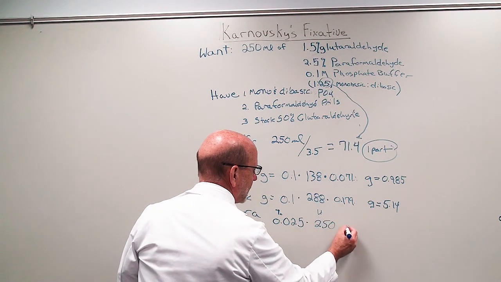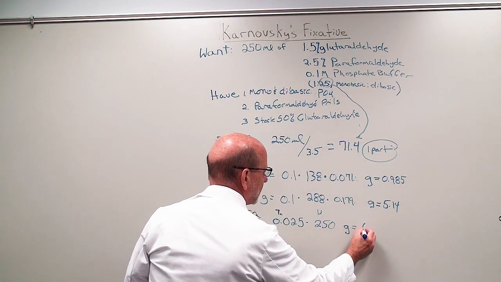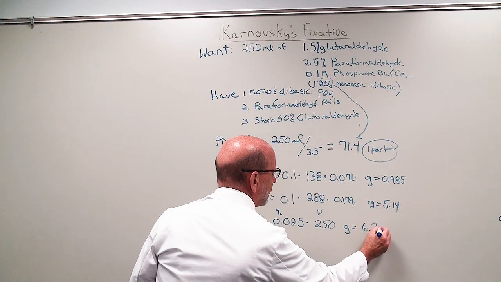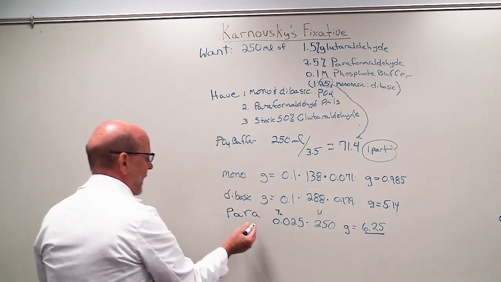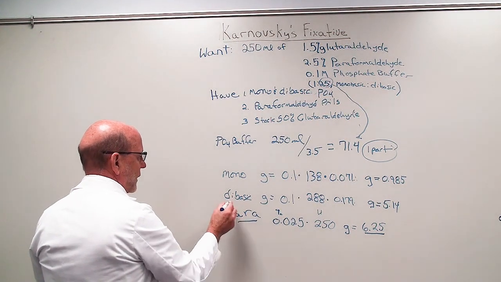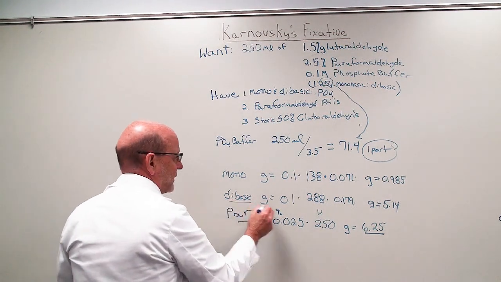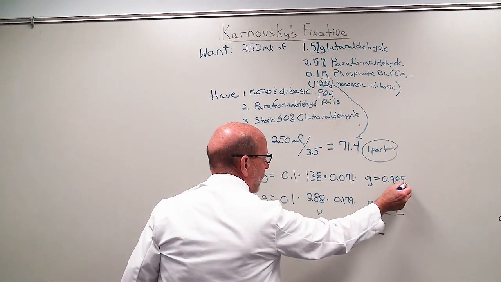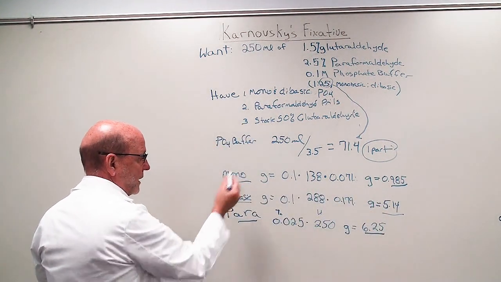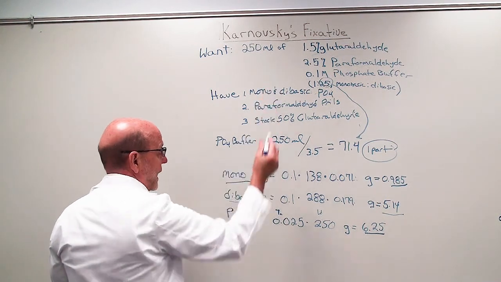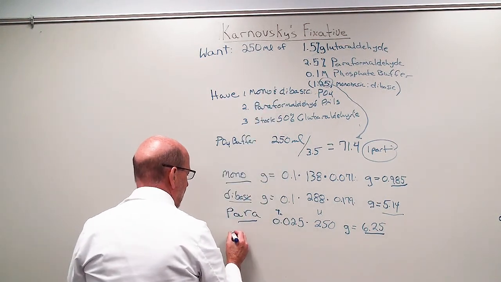Our volume is still the 250 mLs, so we end up with 6.25 grams for our paraformaldehyde. For our dibasic, we have 5.14 grams, and 0.985 grams, or 1 gram, of our monobasic. So that's what we need for our buffers.